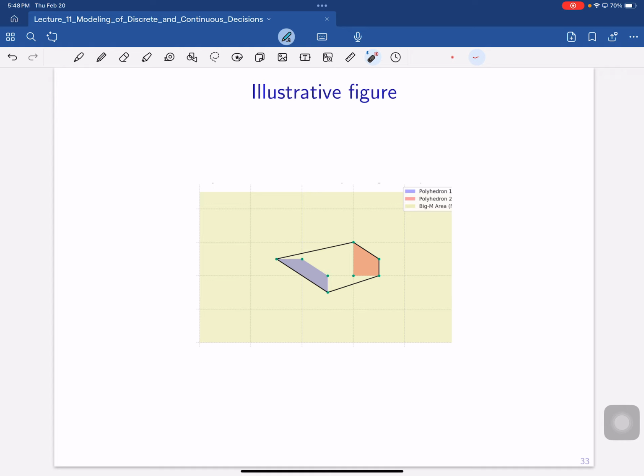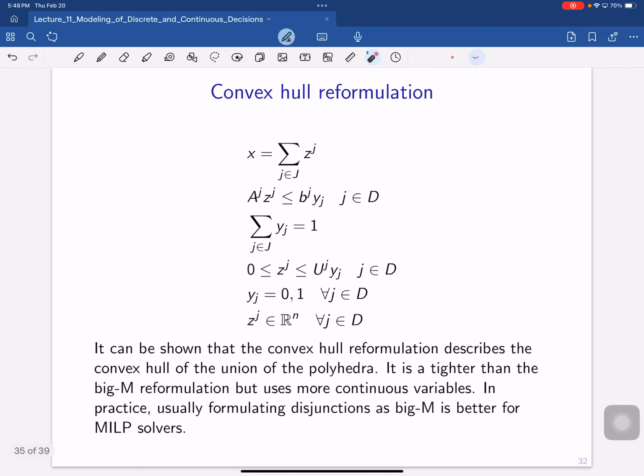So the convex hull reformulation for this disjunctive set is the tightest convex set you can get, basically. But this is not a free lunch, right? As you can see, you are introducing a lot more variables than the big M reformulation. The trick here is that you need to introduce a continuous variable z_j for each disjunct. In the big M, there is only one copy of the x variable. Here you need to introduce as many copies as the number of disjuncts in the convex hull reformulation.